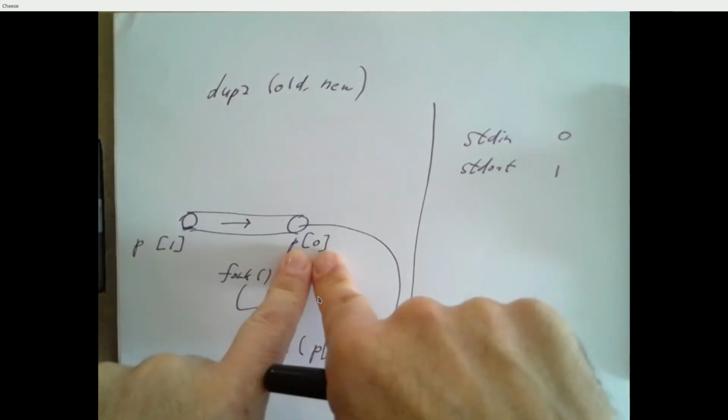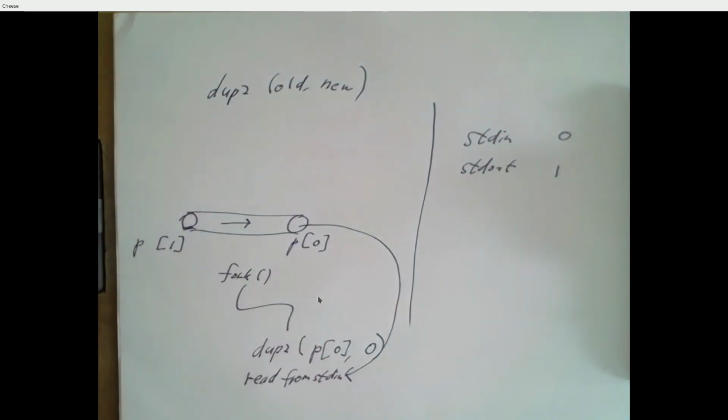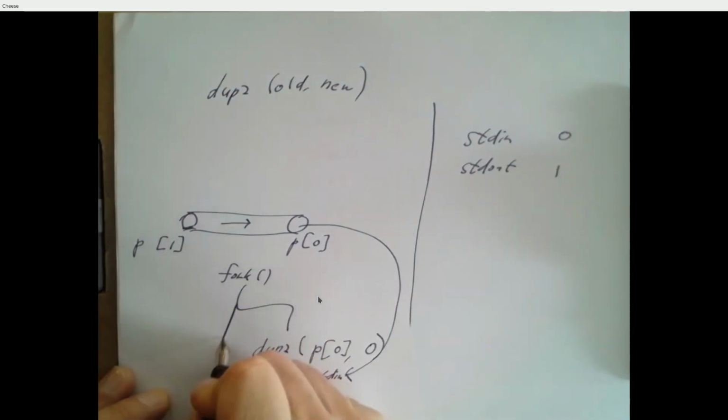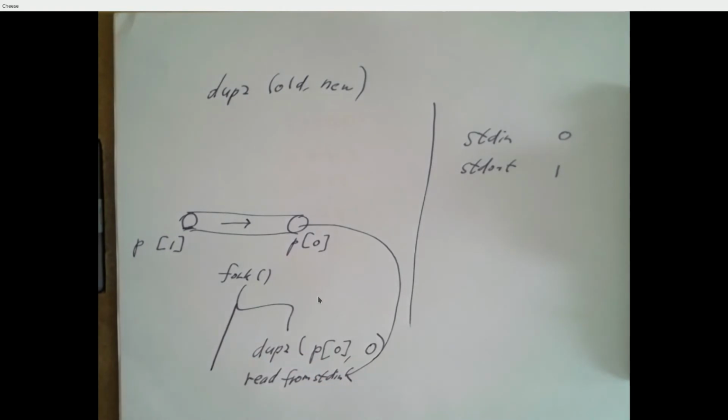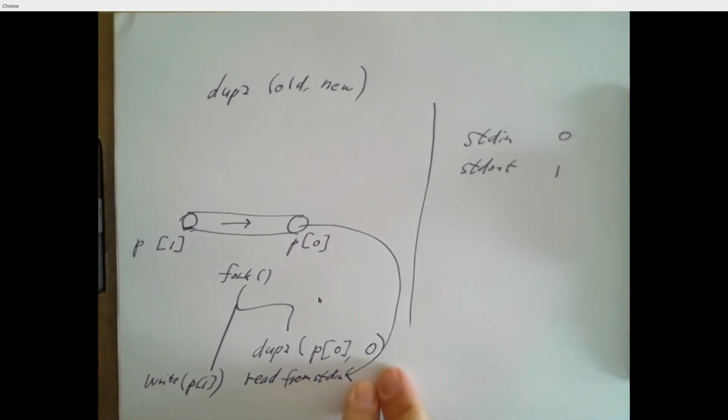And we can feed things into this end of the pipeline by writing into P bracket 1, which our original branch has access to. So if this original branch says write into P bracket 1, and this forked branch tries to read from standard in, it's going to read whatever got written over here.